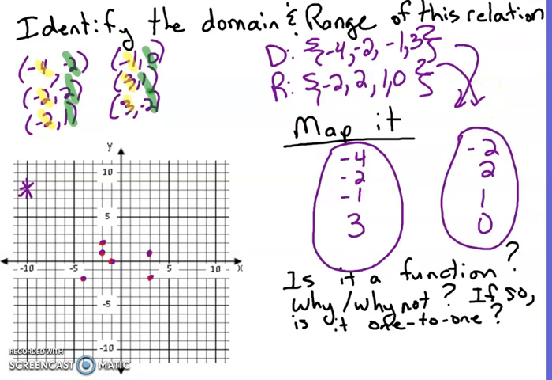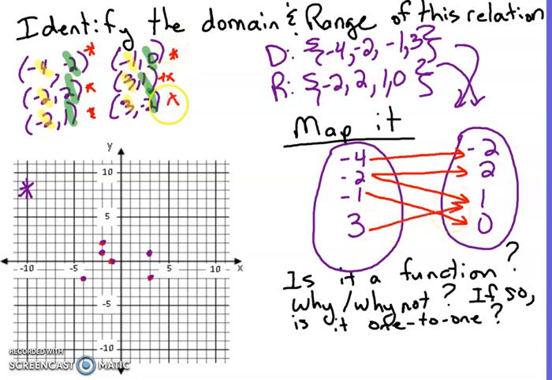So -4, and this is where I go back and look at my points here. -4 maps to -2. -2, look at this one, the -2 goes to 2. -2 also goes to 1. -1 goes to 0. 3 goes to 1. And 3 goes to -2. So we mapped it.